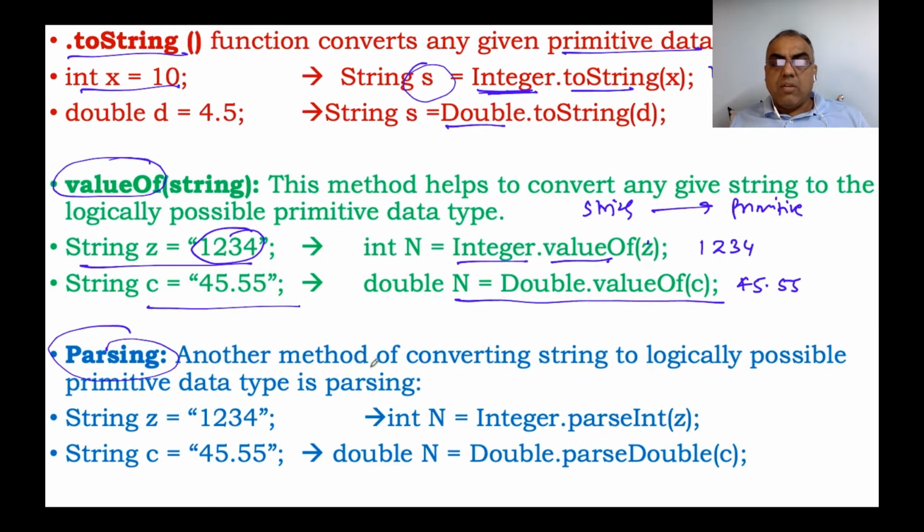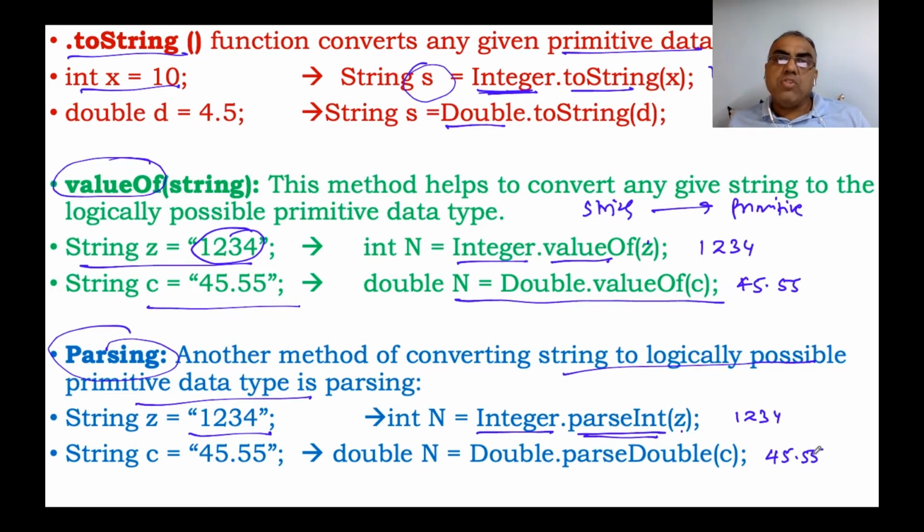Parsing is again a conversion of a string to its logically related primitive type, where if a string is given to me as a number and I want the actual numeric weightage to be used, I can also say Integer.parseInt. It has its own function called parseInt of z. So again the string will get converted into its numeric value, and similarly a double will also get converted into its numeric value.